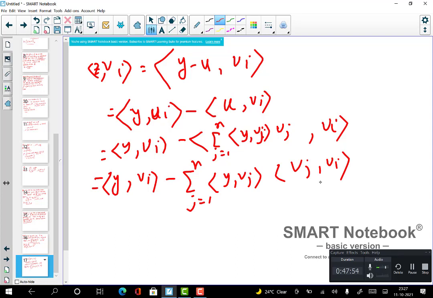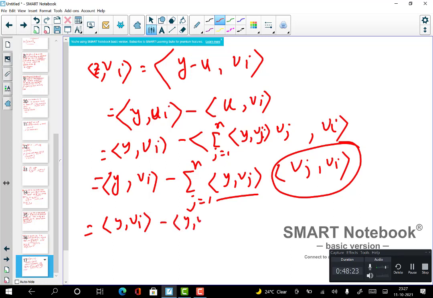Now when j equals i, this will survive, otherwise this becomes 0, because the vi form an orthonormal basis of my subspace W. So when i equals j, this is 1. In that case, only the term with j equal to i is left, so it becomes the inner product of y with vi minus the same thing, y with vi.